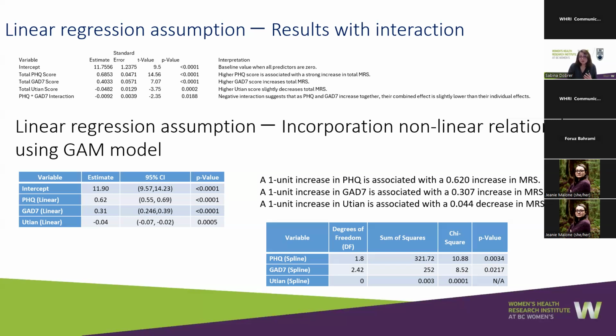Yes, PHQ-9 and GAD-7 are not necessarily linearly related to our outcome, but because our estimates from both the simple model and the additive model are very close, this nonlinearity is very minimal. So in my opinion, if you're doing the paper, you can present either the linear relationship or the GAM relationship. It's very similar.